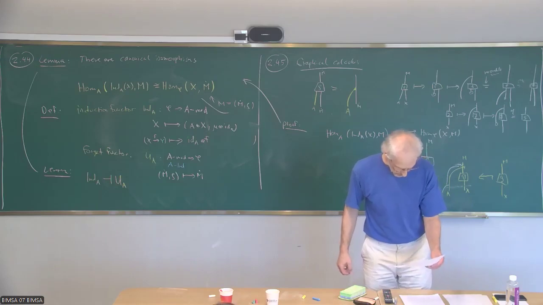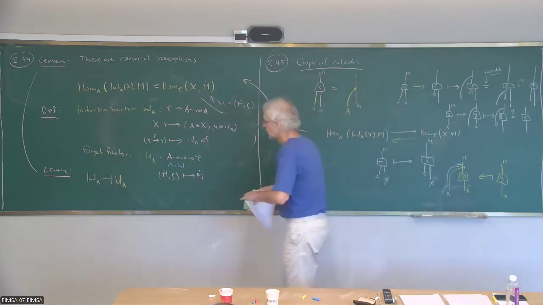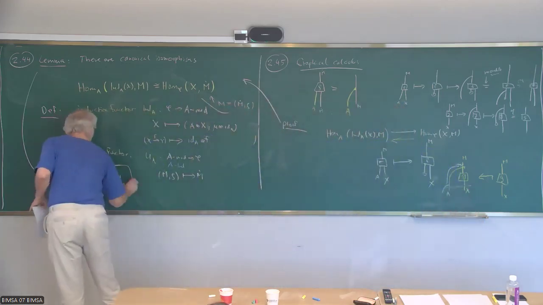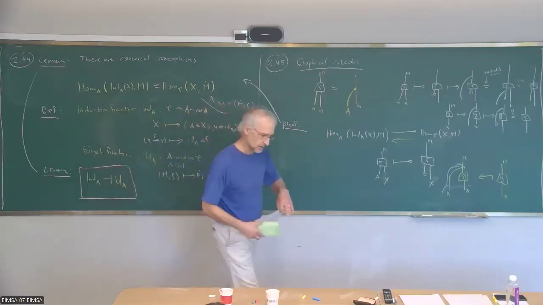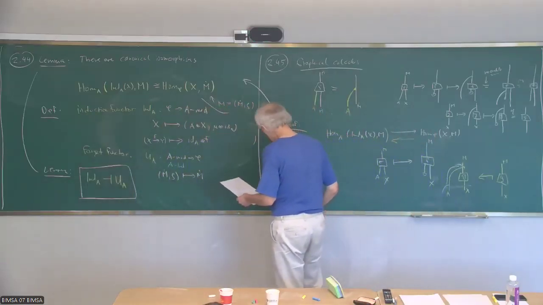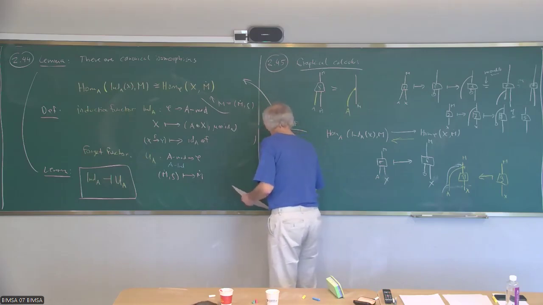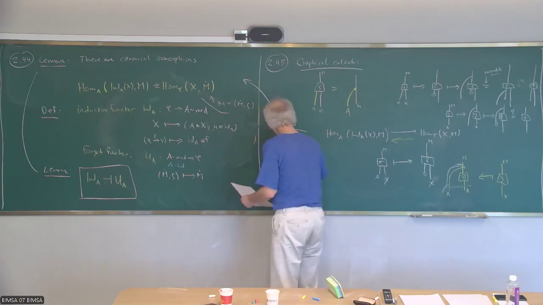And then in order to show that we even have a junction here, I just do it for one of these manipulations.